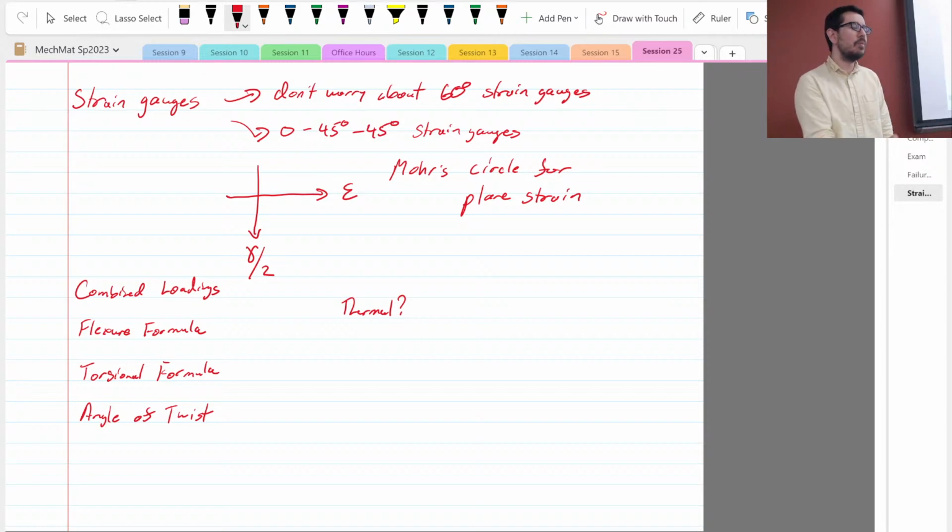If someone hands me a piece of material and gives me the elastic modulus and a Poisson ratio, I can figure out how it's going to respond if I stretch it. These basic things are what you want to take away and use in the future.